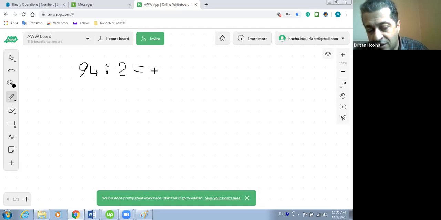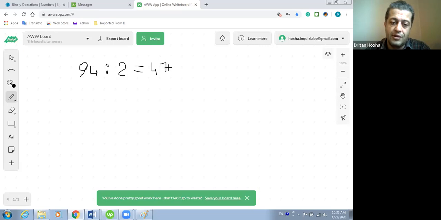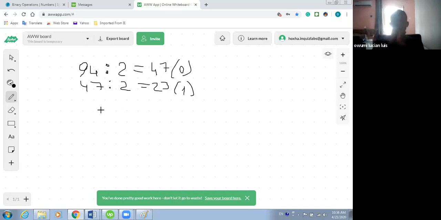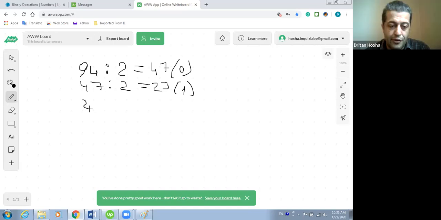So 94 divided by 2 is 47, the remainder is 0. 47 divided by 2 is 23, the remainder is 1. 23 divided by 2 is 11, and the remainder is 1 again.